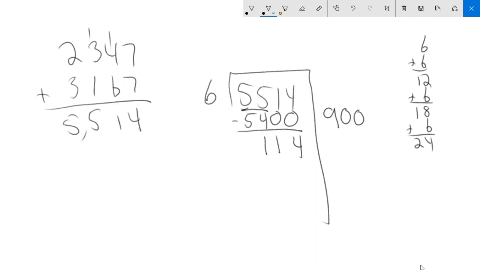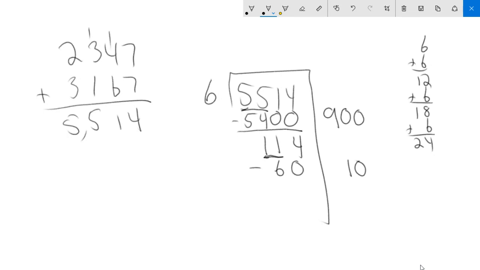Now I would think, can 6 go into 1? Can I do 6 times something and get to 1? No. Can I do 6 times something and get to 11? No, but I can get close. If I do 6 times 1, that would make 6, and if I do 6 times 10, that would make 60.